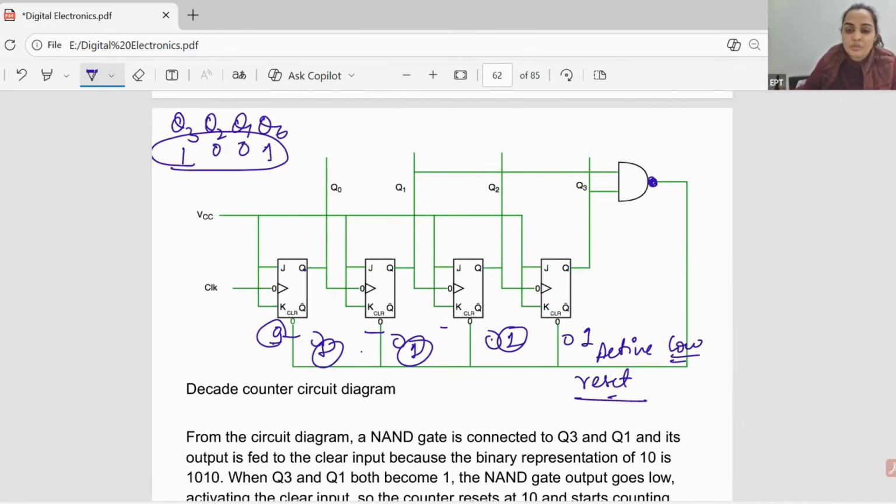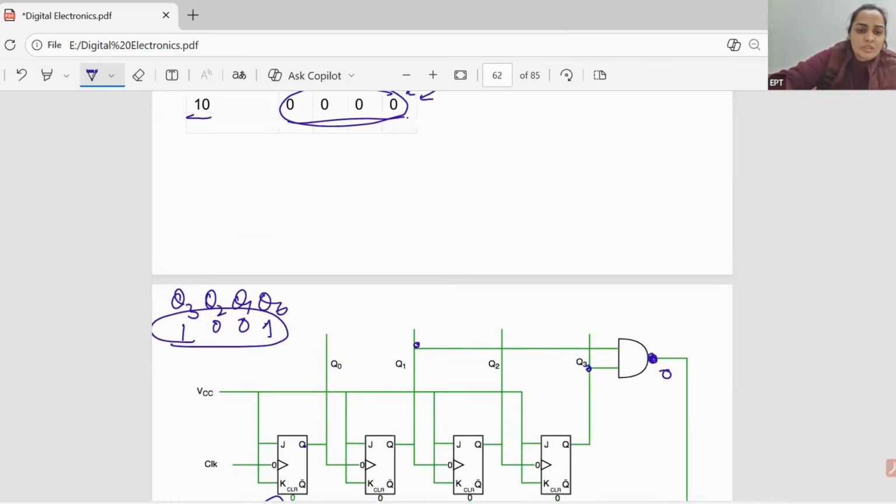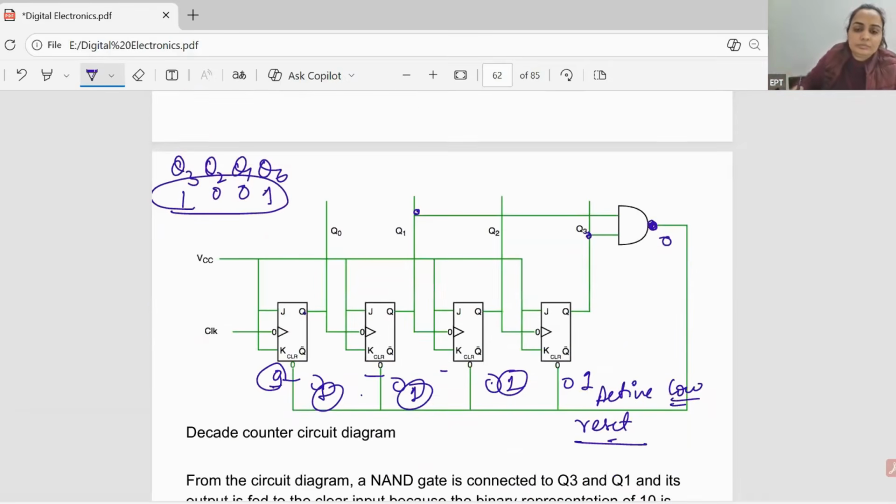So I am giving here Q3, this is Q3, and here we have Q1. Q1 is given now. So this should be 0 when both these are high. So this is Q3 and Q naught, I will give here Q naught. 1 into 1, so this is going to be 0.